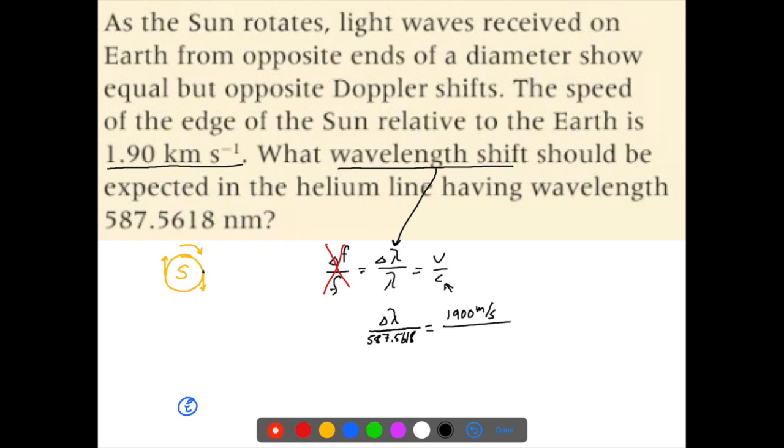So that's the velocity of the source, right? And then I've got C, which is the speed of light, which is 3 times 10 to the 8th meters per second, just like that. Now that I've done that, I can go ahead and solve for the wavelength, which is just going to be 1900 divided by 3 times 10 to the 8th.